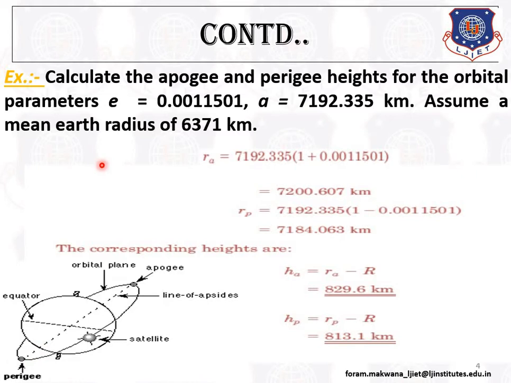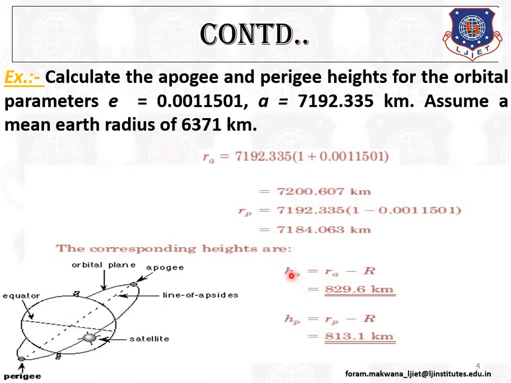Also, the radius of earth is given, that is 6371. Can we say that this portion plus this portion is equal to this total portion, right? So the height of perigee plus radius of earth is equal to radius of perigee.